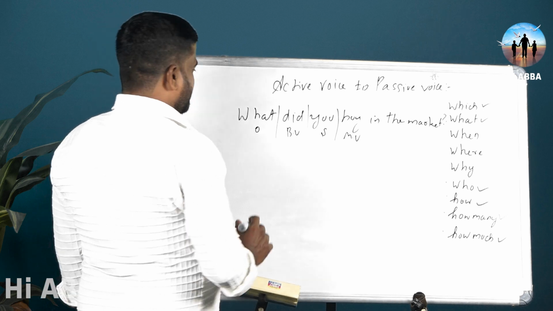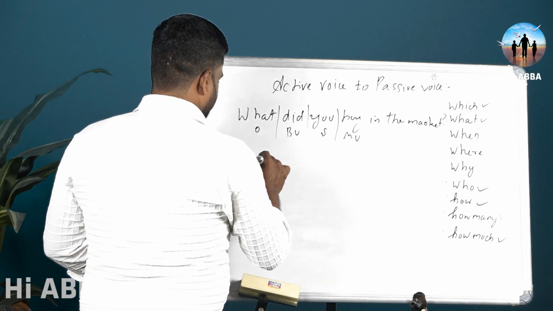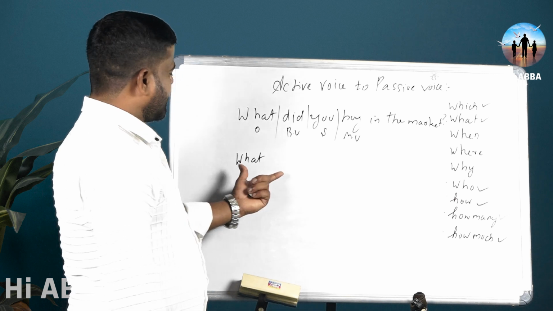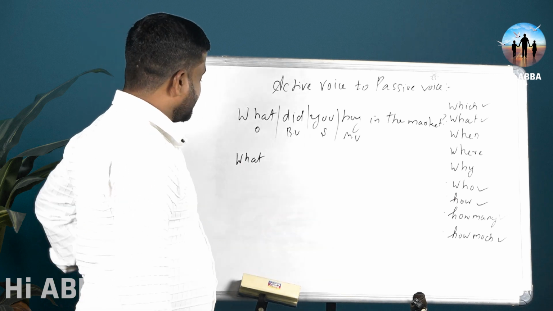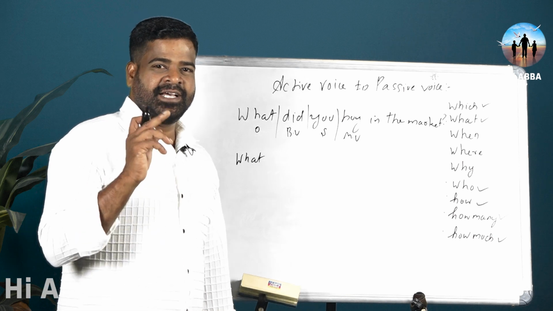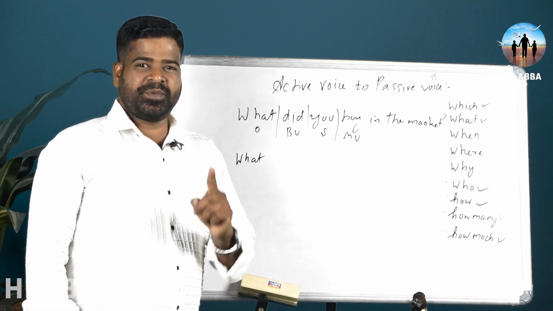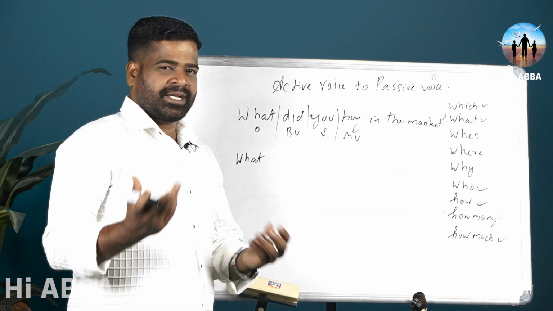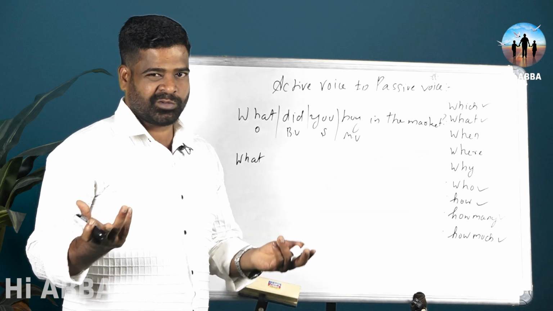Now this is simple past tense. Now what did is a simple past tense. Now was or were we will have to write. Now listen again. This what is a bit ambiguous. It could be singular as well as plural. In the market, what can a man buy? Only vegetables, not clothes.